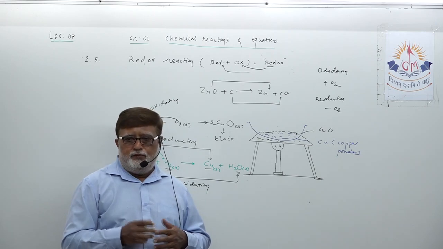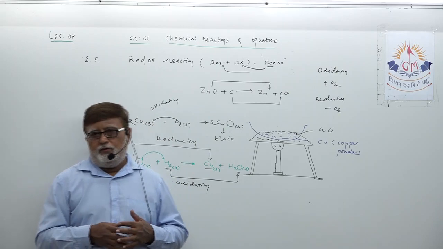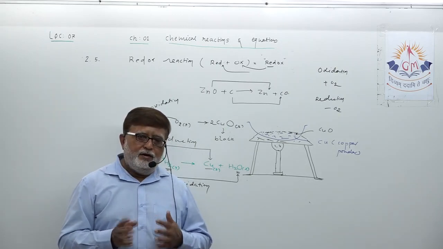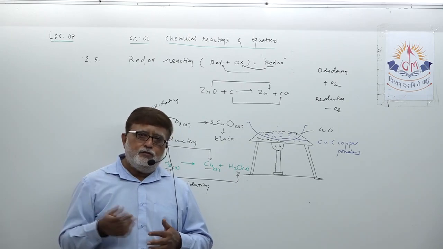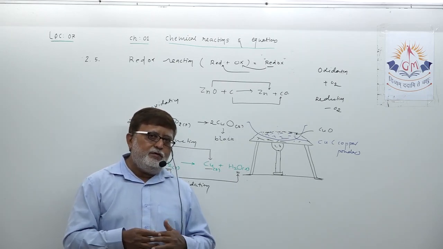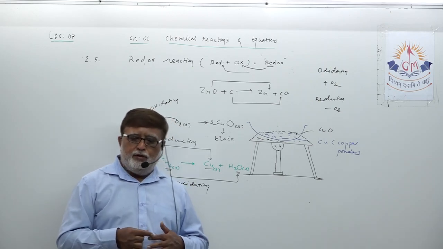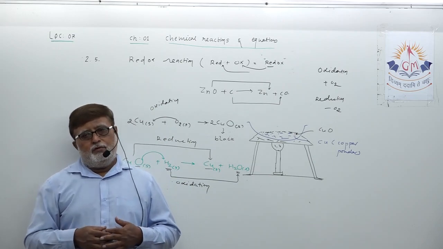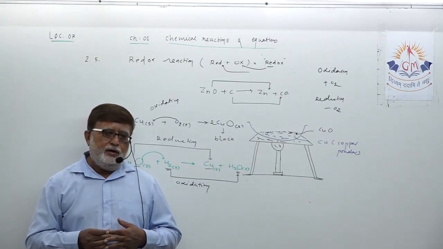Understand, dear students? So chip manufacturers are all taking enough care to flush these bags and containers with antioxidant, not always nitrogen. There are so many antioxidants available, but they need to be treated with antioxidant to stop rancidity. Okay, so these two, dear student, are effects of redox reaction in daily life.